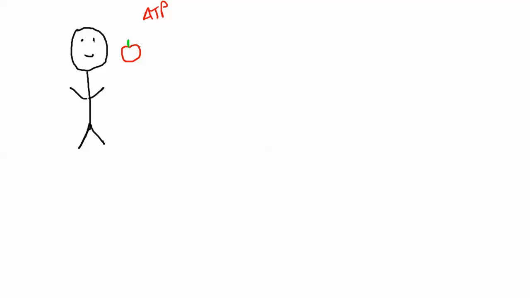But what you have to keep in mind is along with a little bit of the apple's energy being turned into ATP, just a little bit of it in your cells, a great amount of that energy is being given off from the cells of the human as heat and not getting turned into ATP, like a bunch of it.